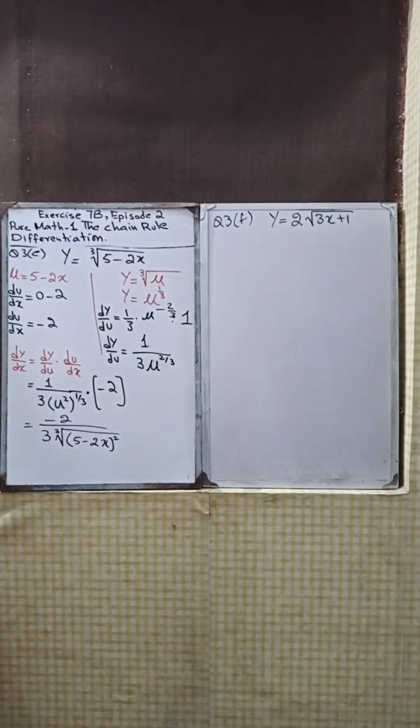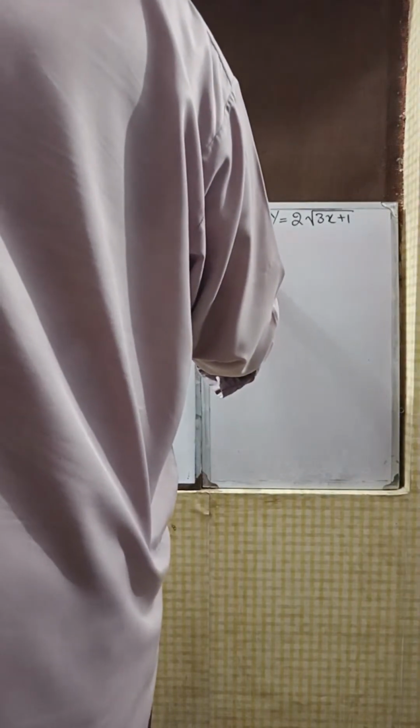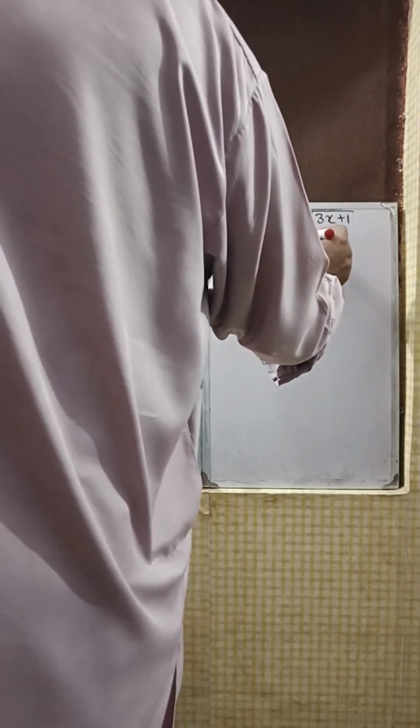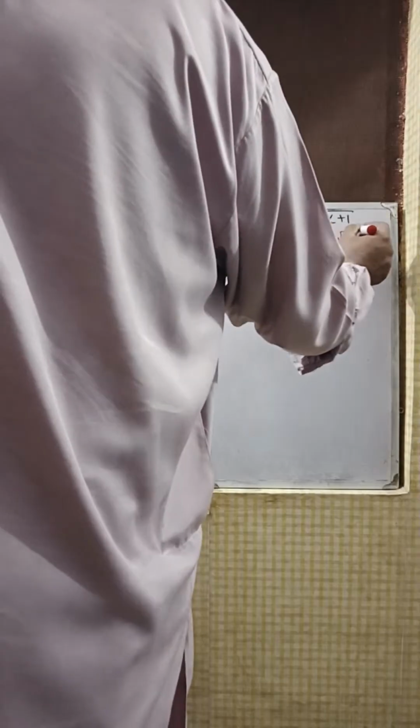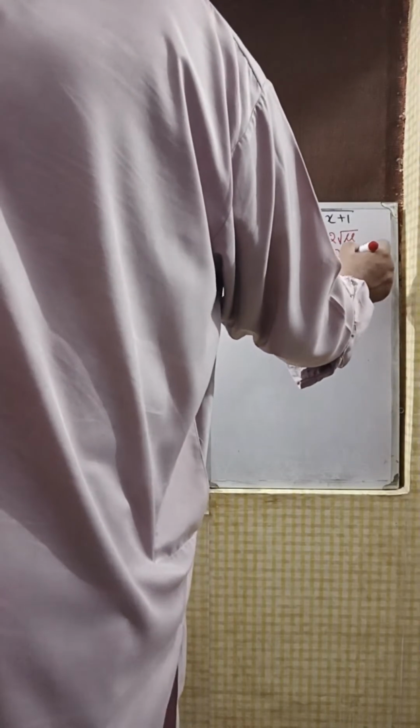So we have to differentiate it with respect to x, and we are going to use the chain rule. So I will suppose that u is equal to 3x plus 1. So y will become 2 under root u. So y is equal to 2 into u raised to power 1 by 2.